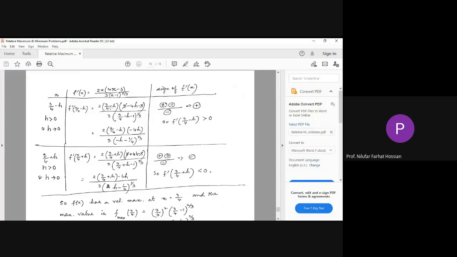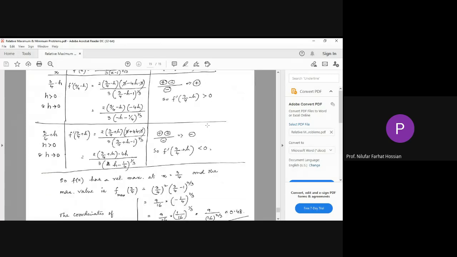So this part will be positive. And here 3 cancel out. H is positive, so minus 4h gives you negative. So positive into negative divided by 3 by 4 minus 1, that means minus 1 over 4, so it is a negative number. And a negative number whole to the power 1 by 3 is also negative. So ultimately, it gives you positive. So f prime at 3 by 4 minus h is positive.